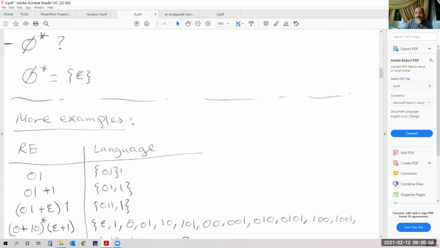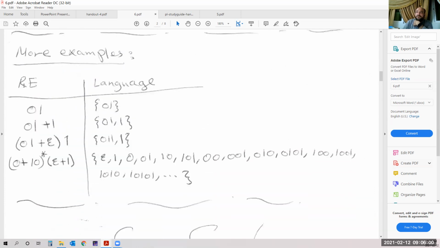More examples. If I have the regular expression 0, 1, it is the language which contains 0, 1. If I have 0, 1 plus 1, which means union, then it's 0, 1 or 1. Then 0, 1 plus epsilon, concatenated with 1: either I'll have 0, 1, 1 or 1.